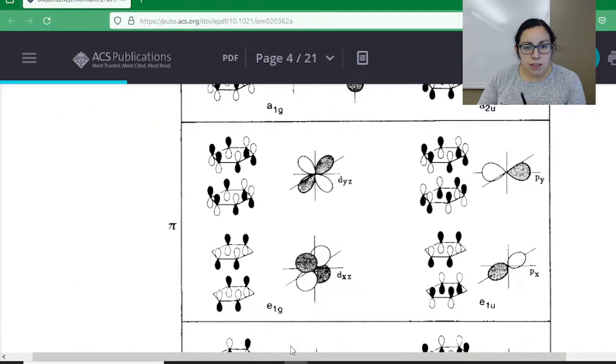And then if we go back to this MO diagram, all we want to take away is that these different combinations match up with different orbitals. So this matches with our YZ or our XZ, depending on the shading, or these match with our P orbitals.